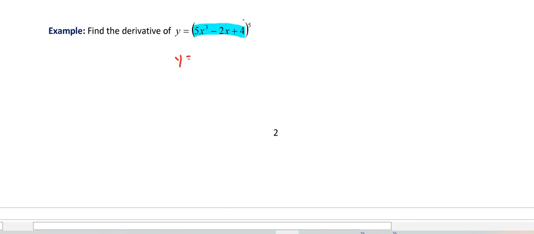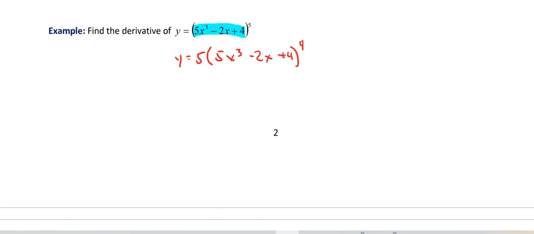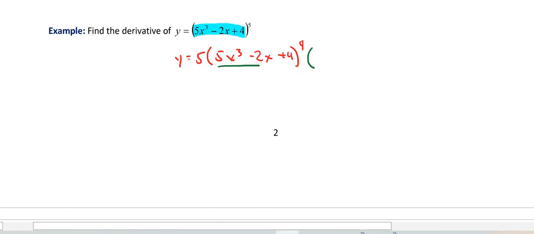So we're going to bring the 5 down in front times the inside function, reduce the power by 1, and then the chain rule is we tack on to the end the derivative of the inside function, which would be 15x squared minus 2.